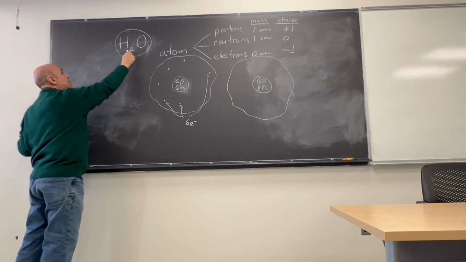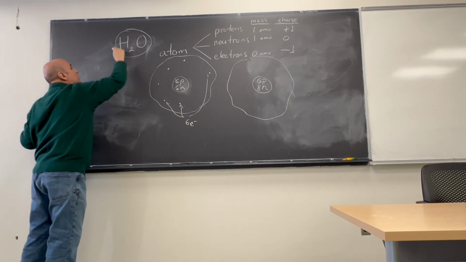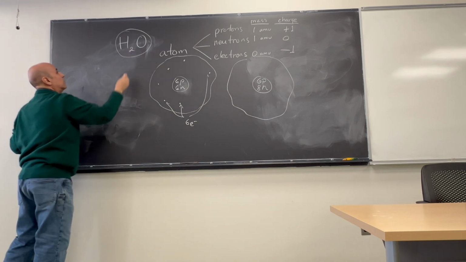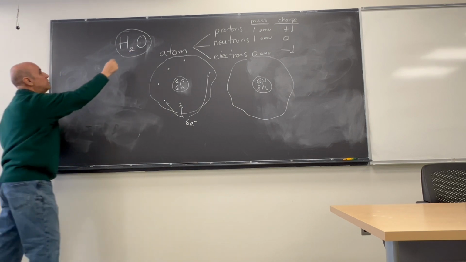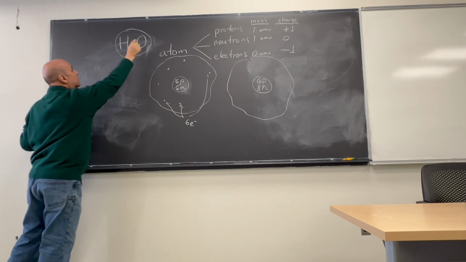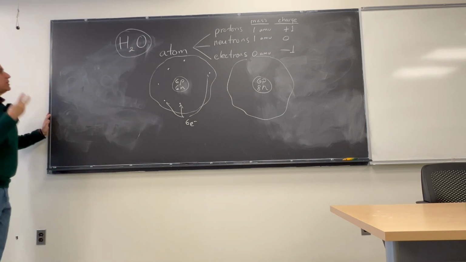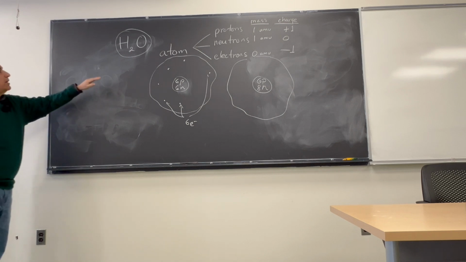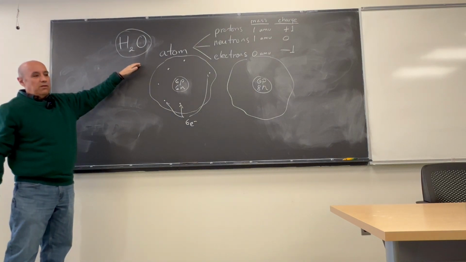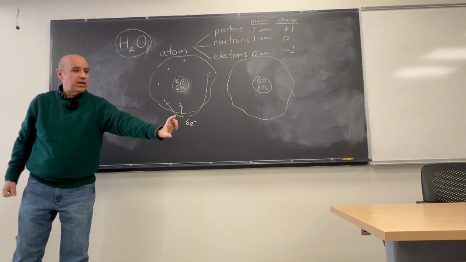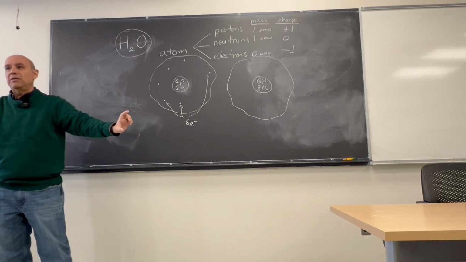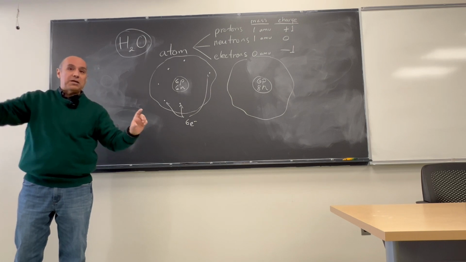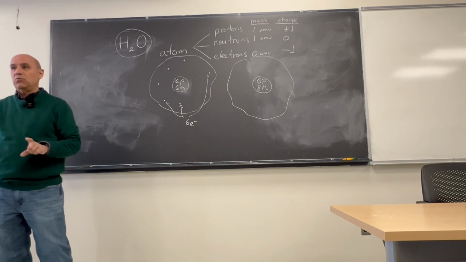They represent the number of hydrogens in 1 unit of H2O. So 1 water molecule has 2 hydrogens and 1 oxygen. How come? Water is super stable. If you leave a glass of water here today and come back next month, maybe there'll be a little less water because it's evaporating, but chemically speaking, it's still water, it's still H2O.